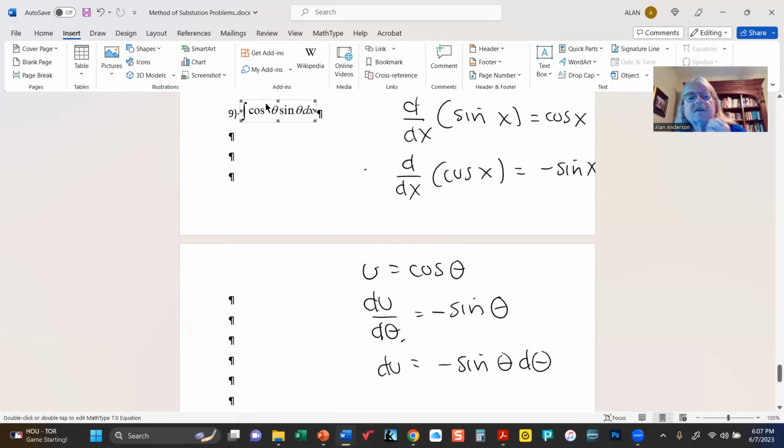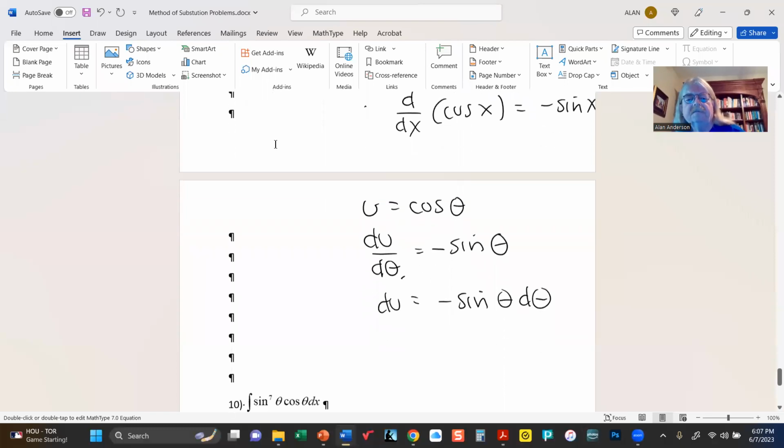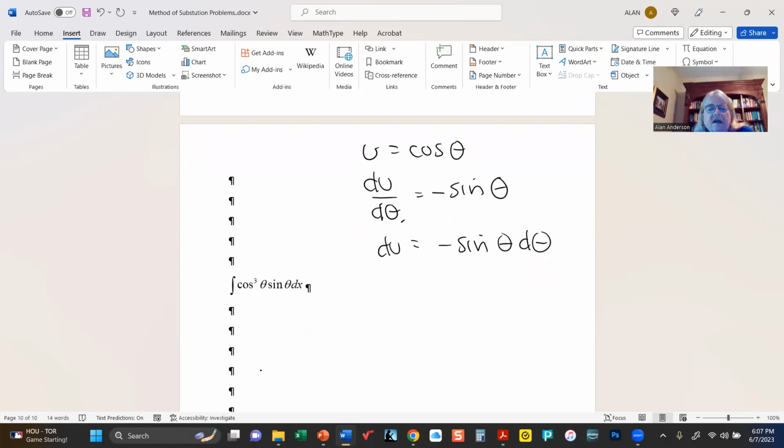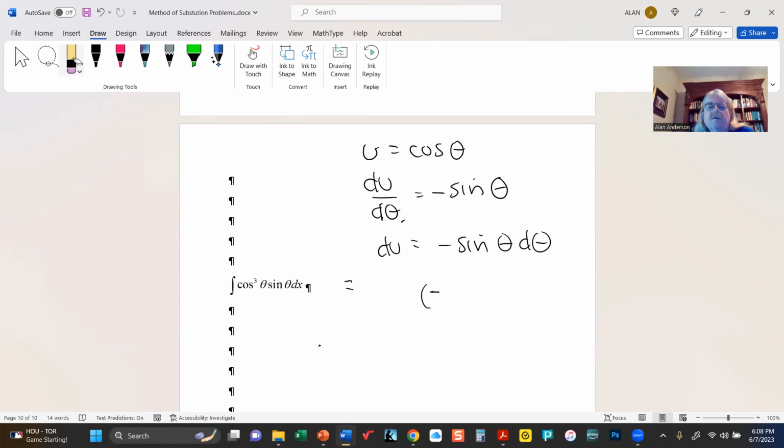So now let me just copy this down here. So what we've actually got here then is u cubed. We don't have the negative. So let me write it like this. I almost overlooked that part.